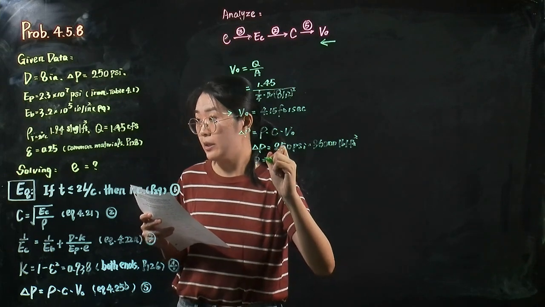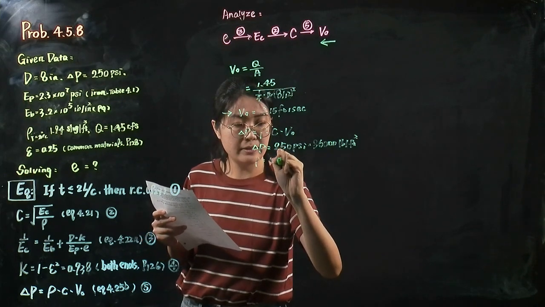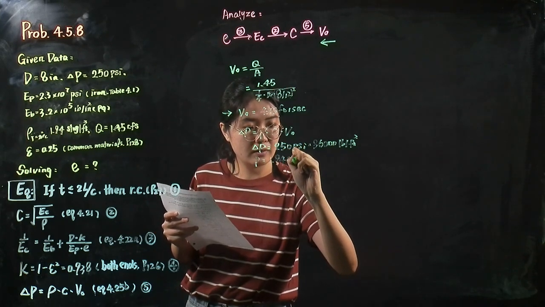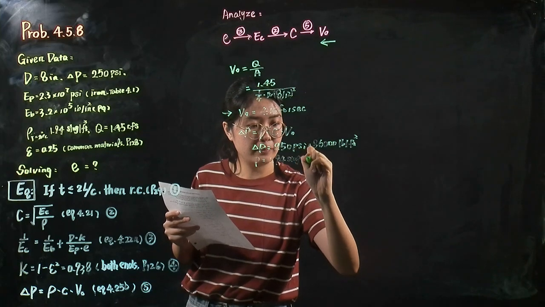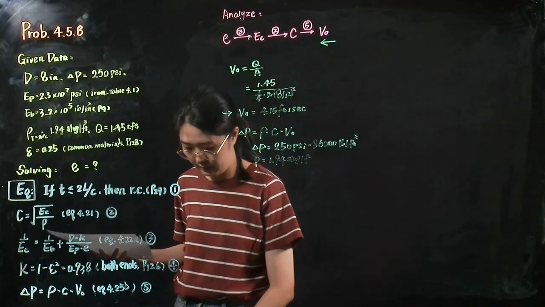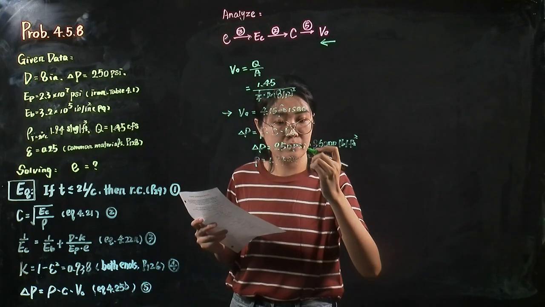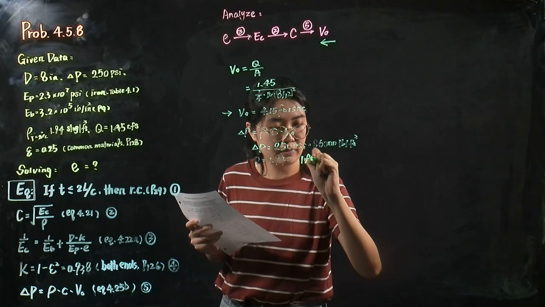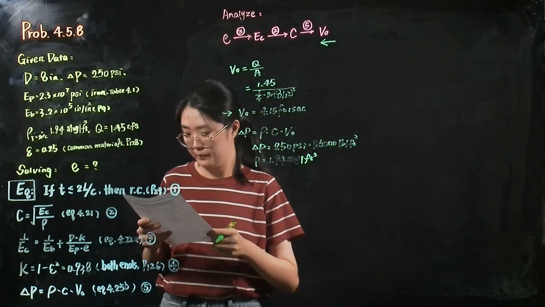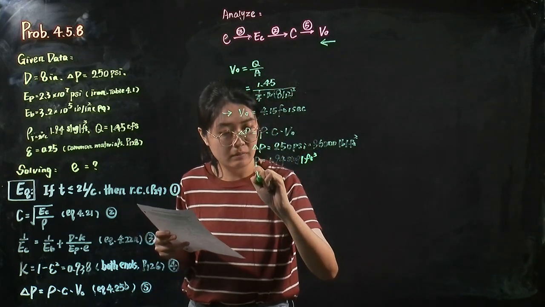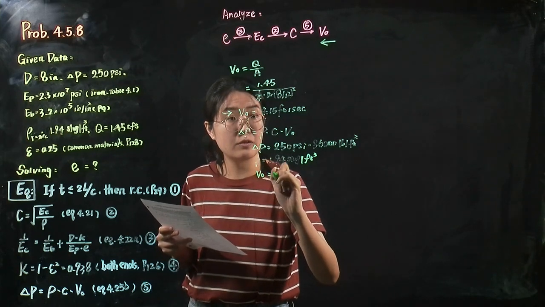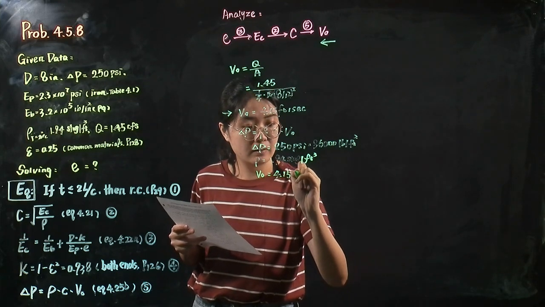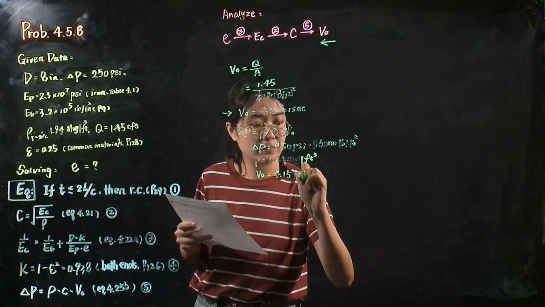The density equals 1.94 slugs per cubic foot. We just calculated the velocity, it equals 4.15 feet per second.